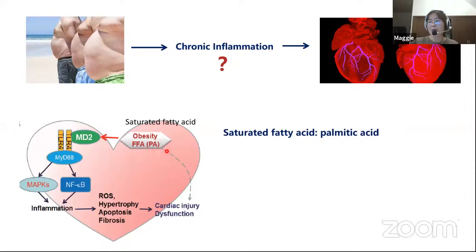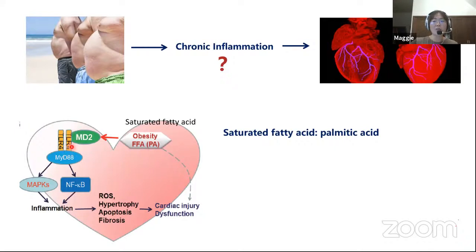This PA, palmitic acid, is one kind of free fatty acid, which is also a saturated fatty acid in our body. And then we found that this saturated fatty acid can bind directly to the myeloid differentiation protein 2, which I label here as the MD2 protein, which is a co-receptor of toll-like receptor 4.